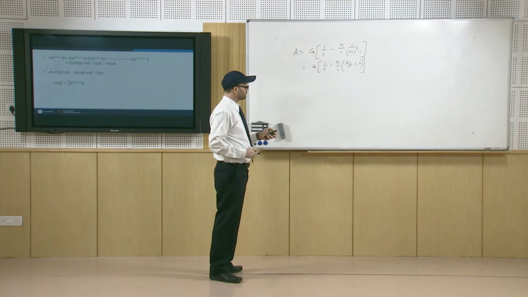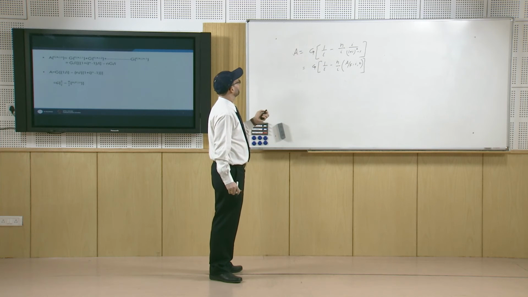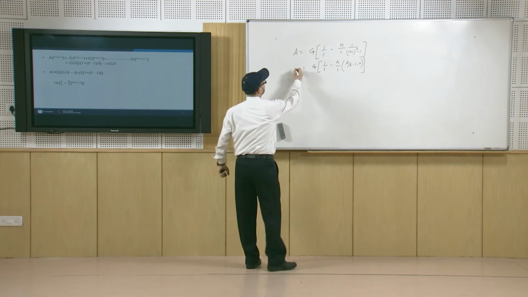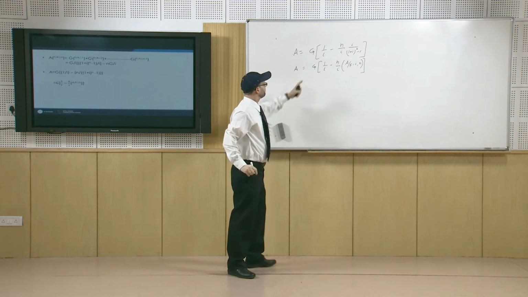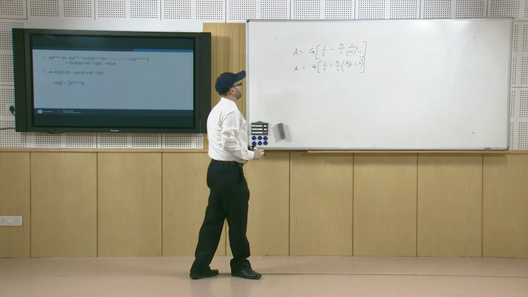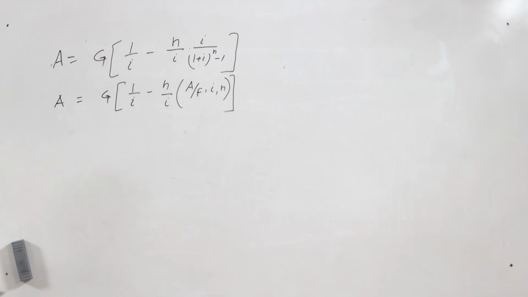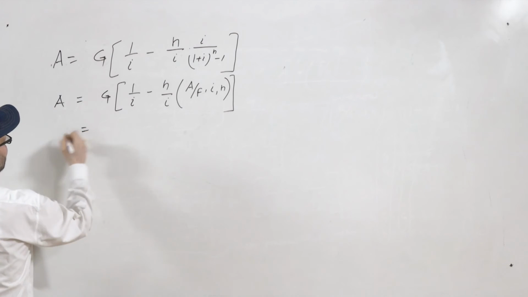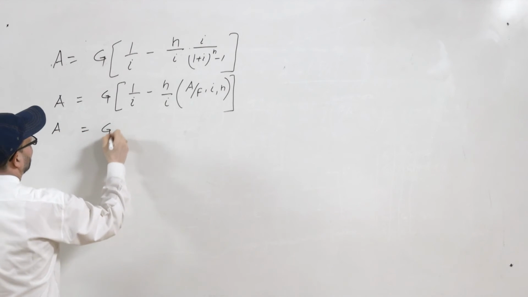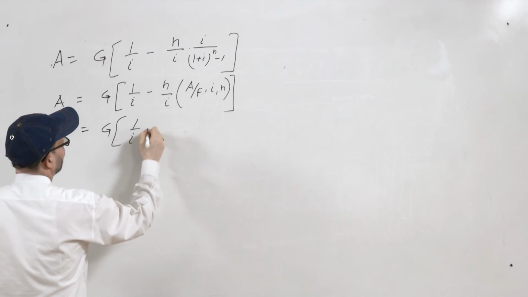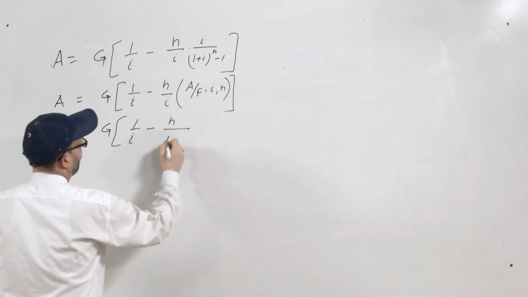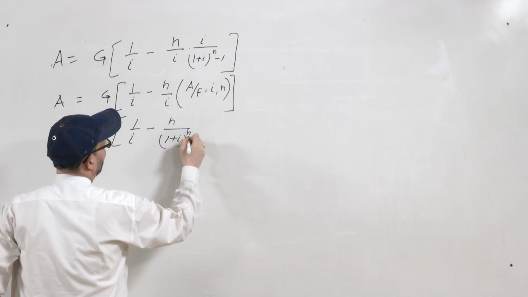So, we have A as a function of g times 1 by i minus n by i A by F i n, or you can also write it as g times 1 by i minus n by 1 plus i to the n minus 1.